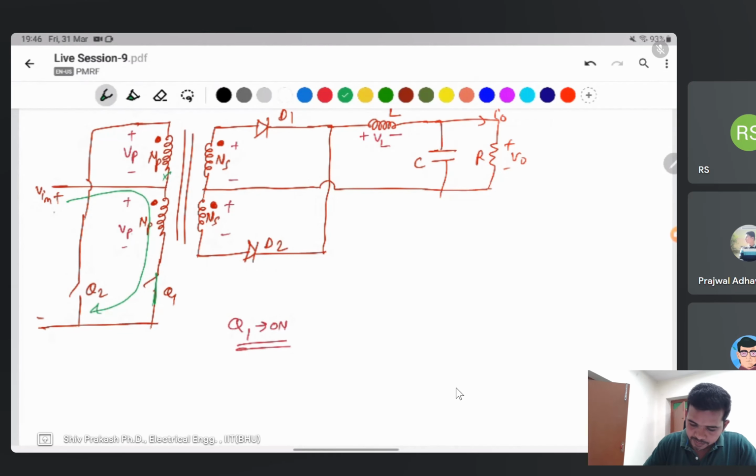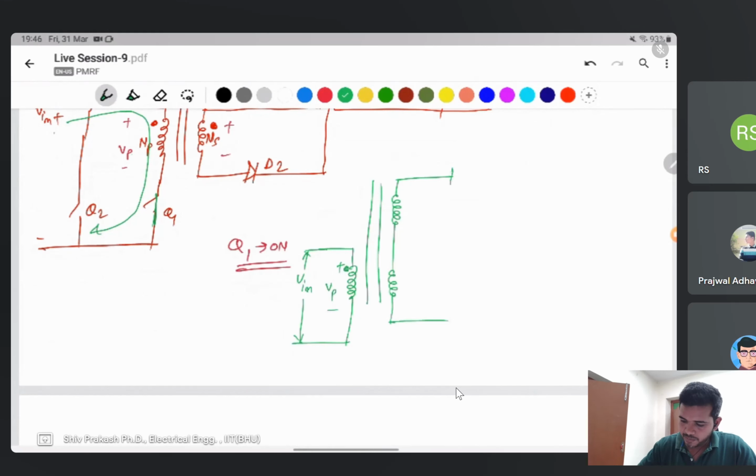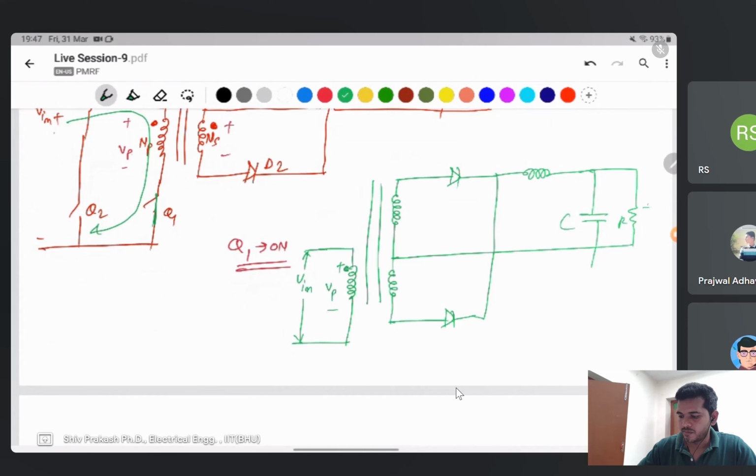VP is the same as Vin. The dot occurs here, Vin. The current is in D1 and D2.